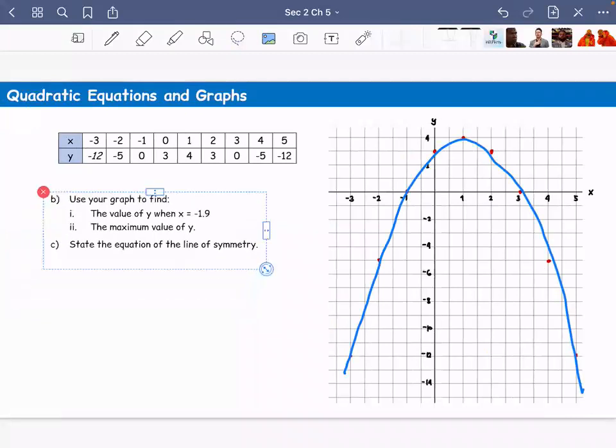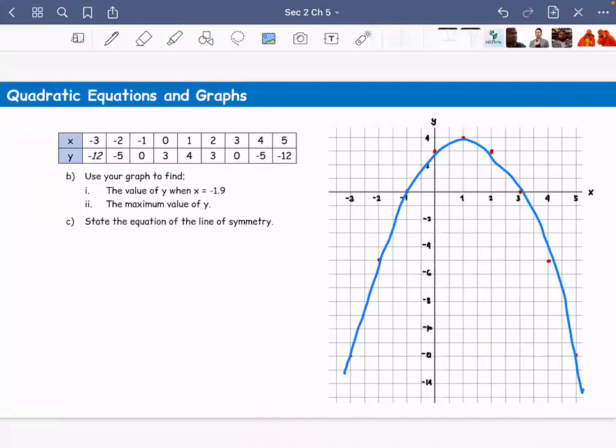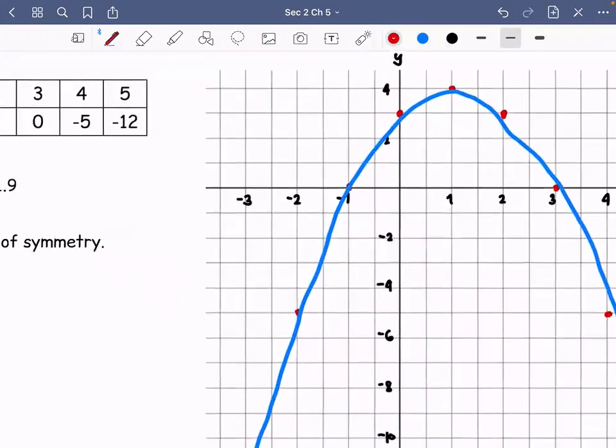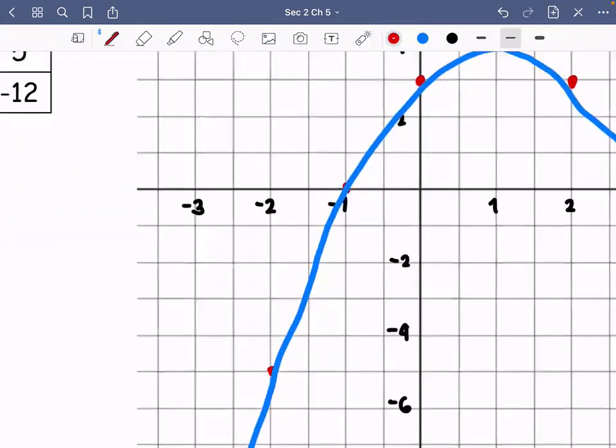For letter B, use your graph to find the value of y when x is -1.9. Basically, class, we look at -1.9 on the x-axis. If this is -1, this is -2, so this is 0.5. That means -1.9 will put us in a position closest to -2.